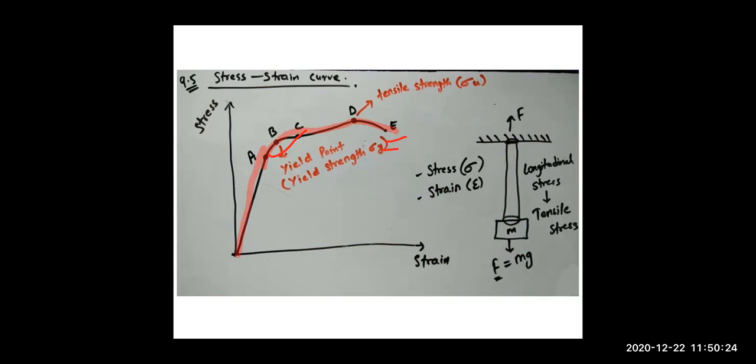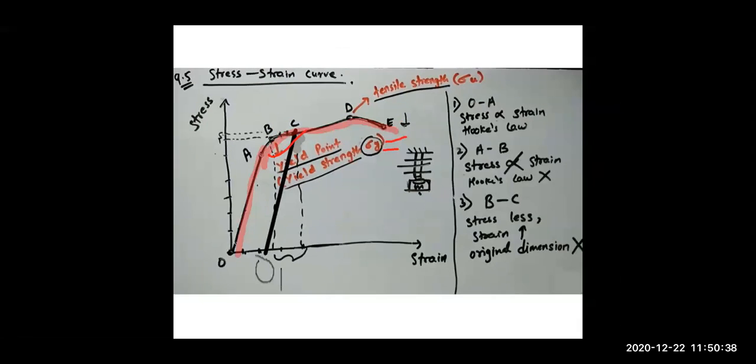The length of the wire is going to increase, so the type of stress we applied here, as the length is increasing, is the tensile stress. So this is your graph for the tensile stress. Right, children, now let's understand each region of this graph.